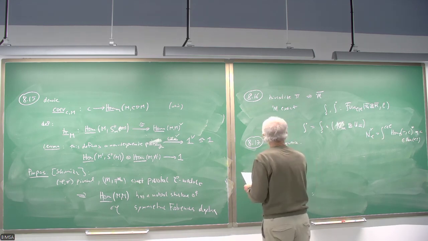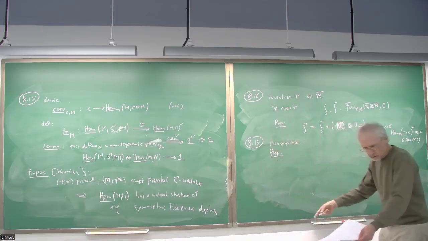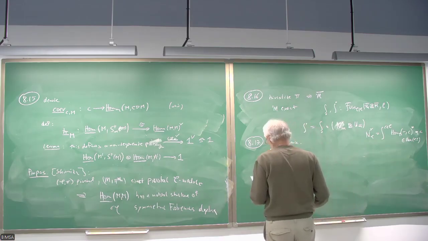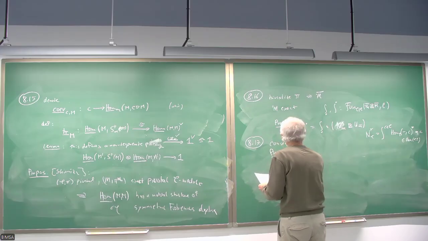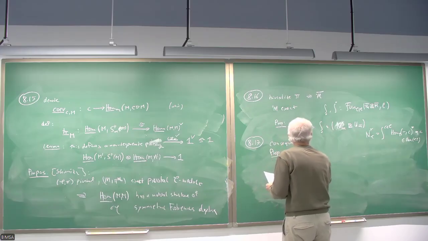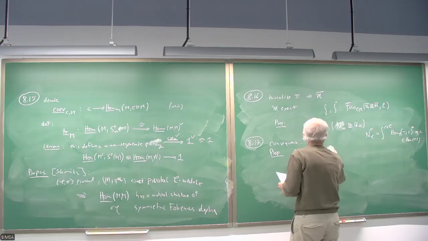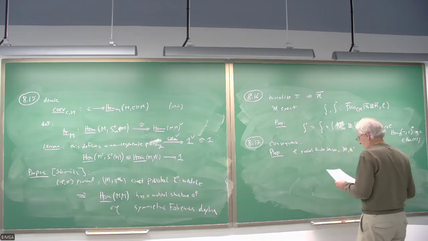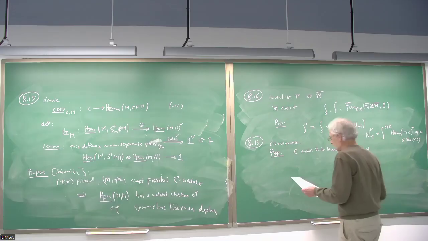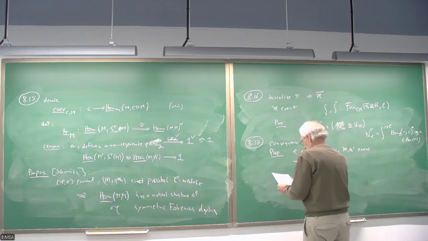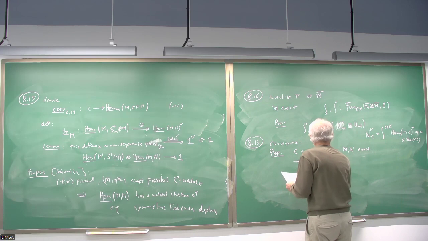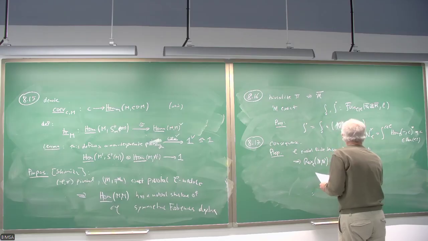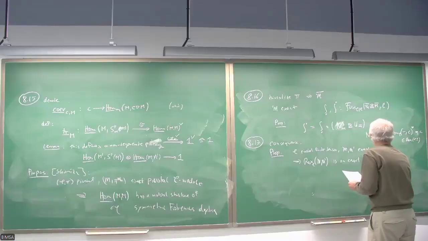A consequence of this is the following proposition, and we will not need this for what we are doing afterwards, but I really would claim this is an important result. So we assume that C is pivotal finite tensor, and we have two exact module categories M and M prime over C. Then the category of right exact module functors between M and M prime is an exact module over the Drinfeld center.